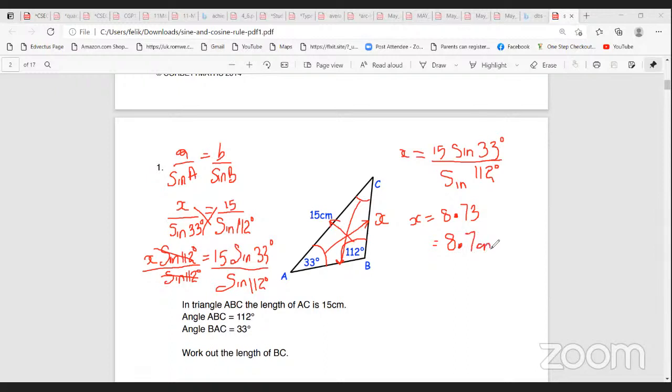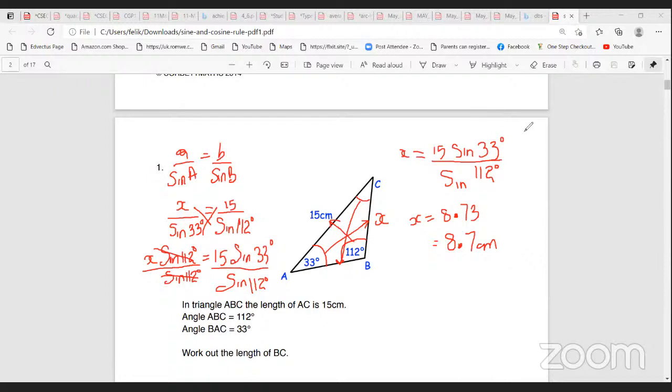So I got 8.81. Did you do any rounding off, Marlon? I just typed in 15 sine 33 divided by sine 112. Yes, miss, that's what I got.